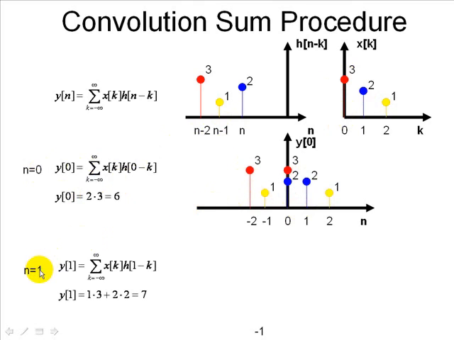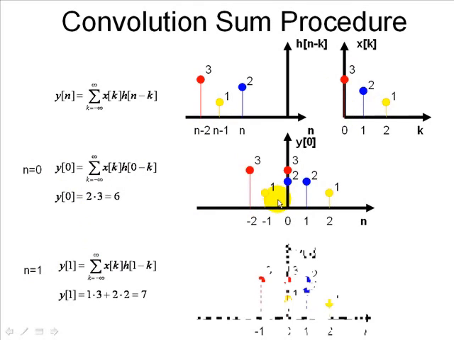Now when n is equal to 1, we're going to shift this again to the right and we get the corresponding function right here, where this 2 and this 2 overlap as shown here, and this 1 and 3 will overlap as shown here. This is the shifted version when we substitute n equal 1.